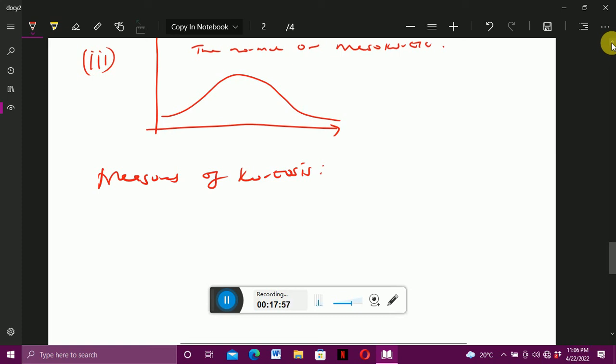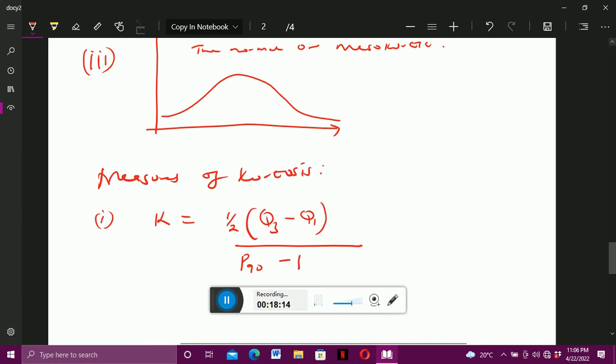The first one is given by K, which is a half of Q3 minus Q1, divided by the 90th percentile minus the 10th percentile.